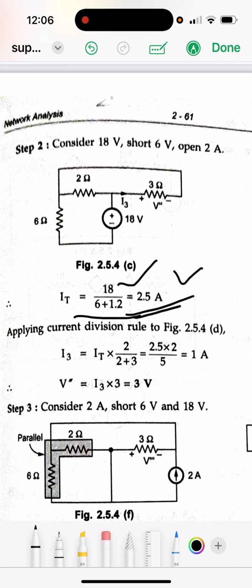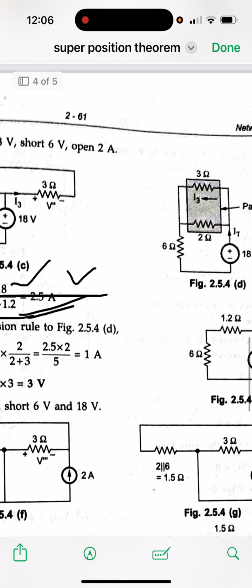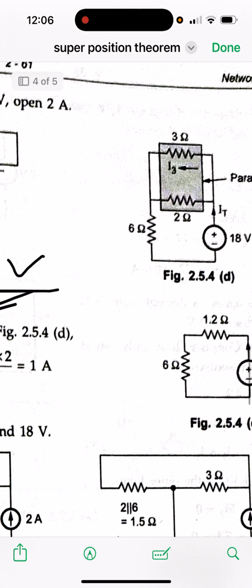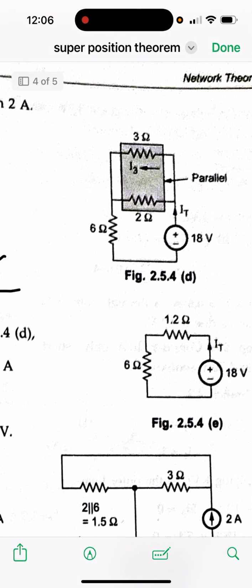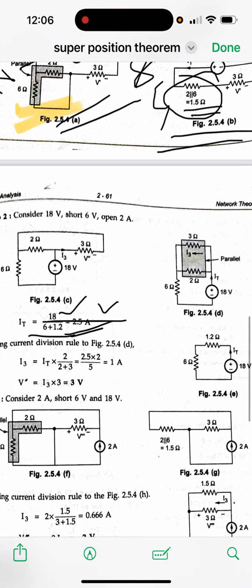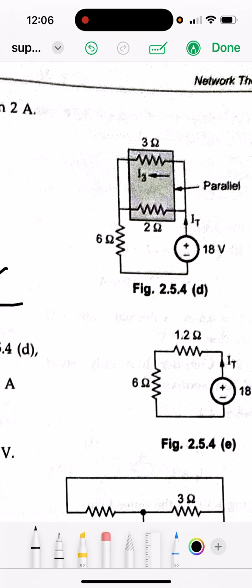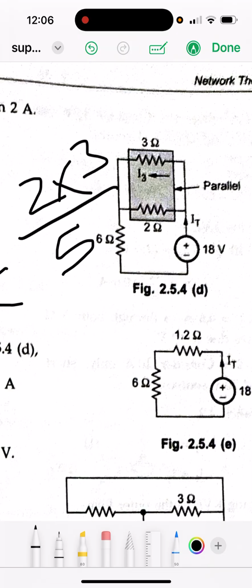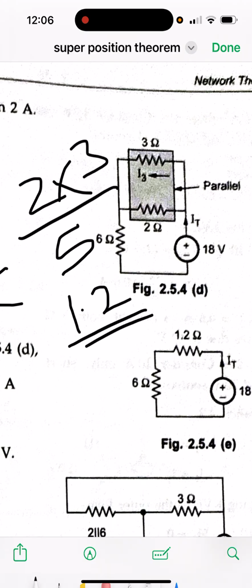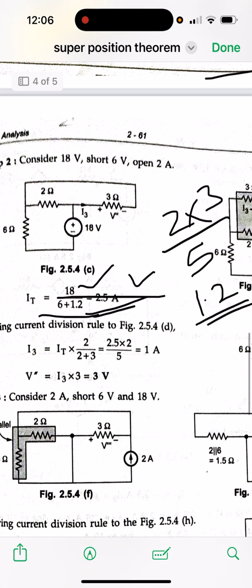Simple thing, I'll get it. It's a very simple one. The parallel here: this 2 ohm is parallel to 3 ohm. 2 into 3 by 2 plus 3 is 6 by 5, and the answer is 1.2 ohm. Simple only, so without my help you can do it.